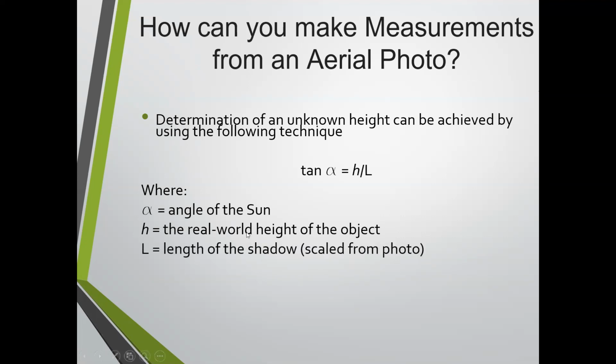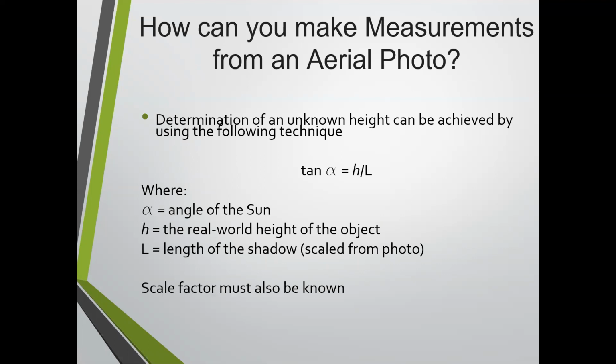The angle of the sun is going to be changed based on latitude, time of day, and the third, time of year. But if you know H and you can measure L, you can determine alpha, and so this becomes independent of those other three variables.